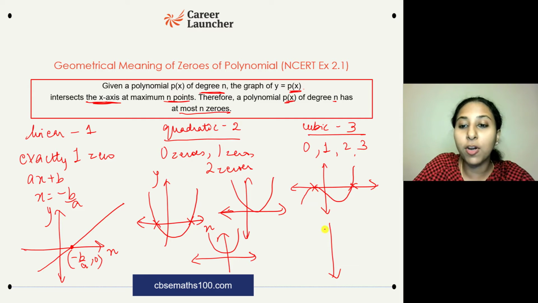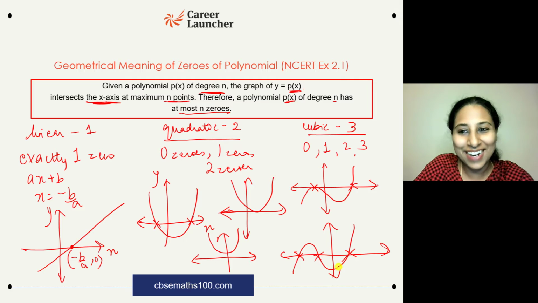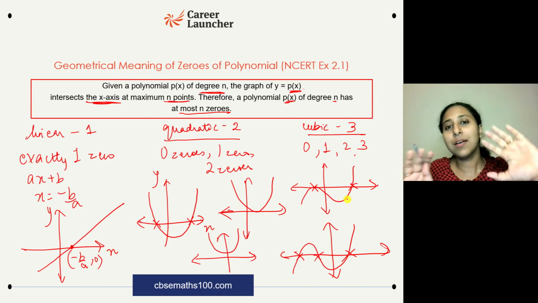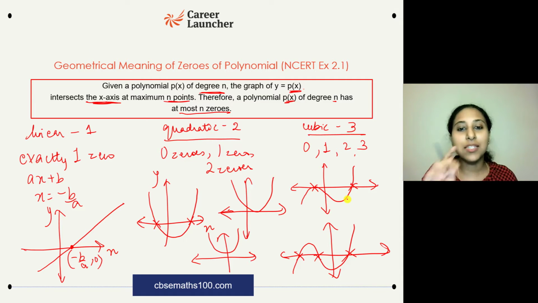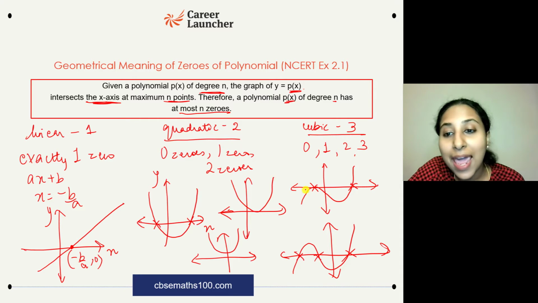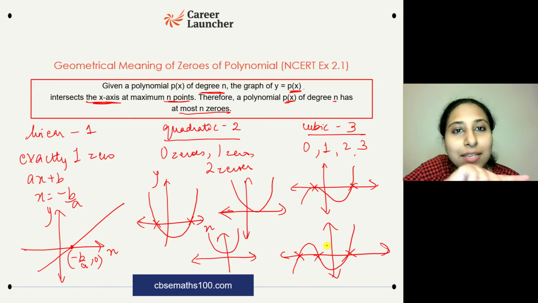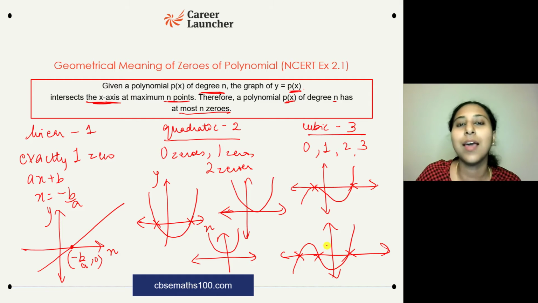You could have a cubic polynomial with all the 3 zeros also. So it could be this way, 1, 2, 3 zeros, right? So remember, the number of zeros of a polynomial is just the number of points of intersection with the x-axis. You just trace your finger along the x-axis and see how many points it intersects in.